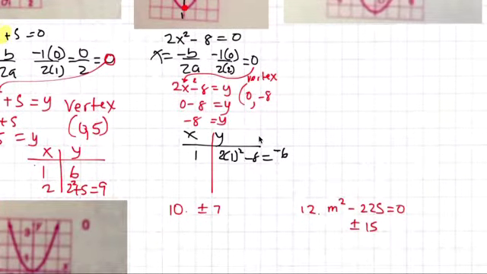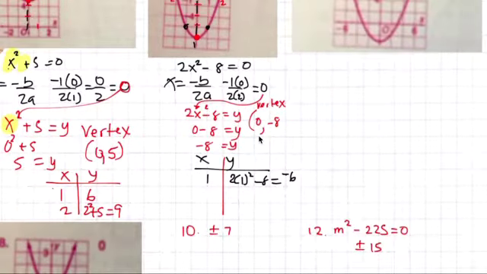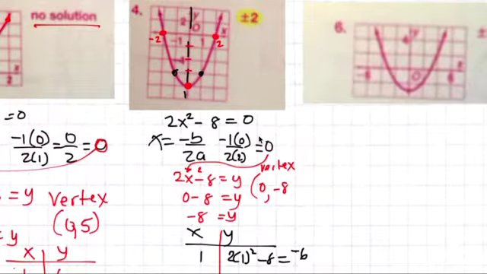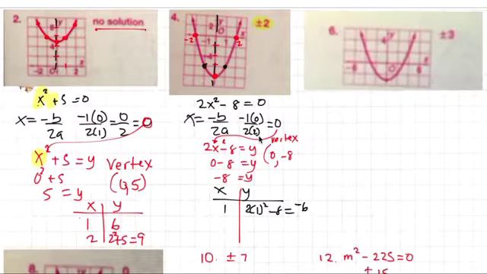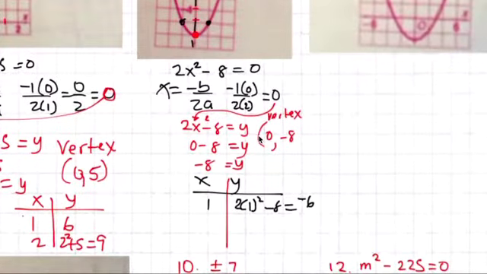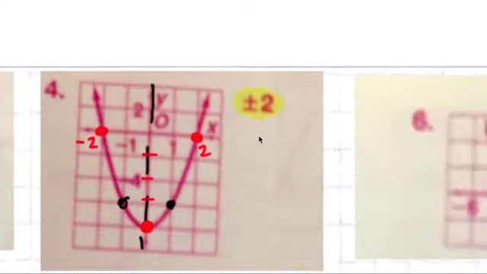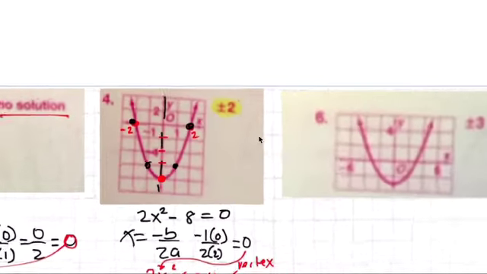And then this has 2 solutions, right? And x is 2. That gets you 0. 2, 0 right there. And the other one's there. That's a 2 solution.